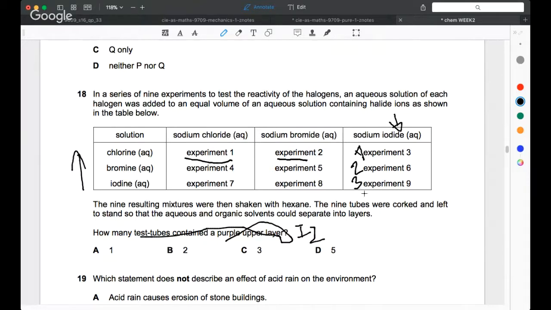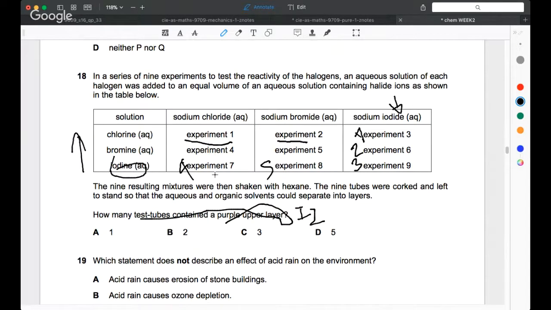Three, because iodine is already there. But what about 7 and 8? It doesn't replace. So what happens to iodine? It stays in the solution. So that's 4 and 5. Those two because iodine is replaced out from the solution, and this one because it doesn't react, so it stays in the solution.